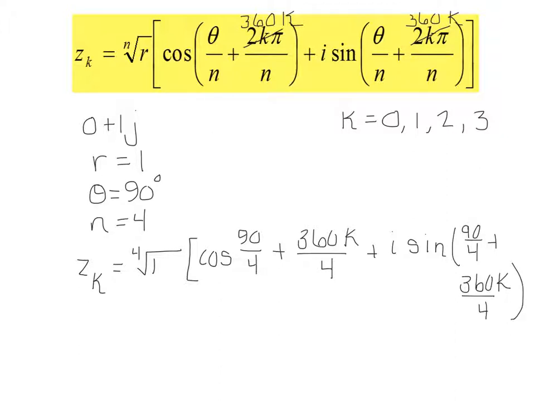So that'll be my generic formula that I'll be using for every value of k here.